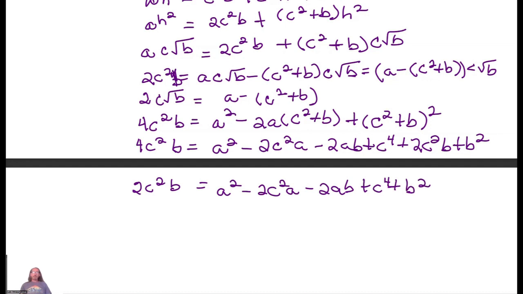Let's get a squared minus 2ab and b squared together, as well as, since we've got 2c squared b here and minus 2c squared a there, let's add 2c squared a to both sides.